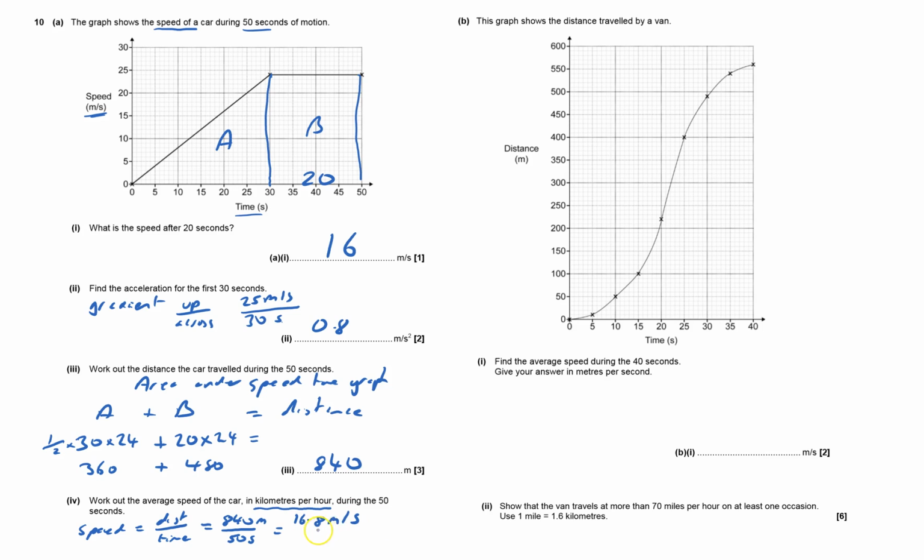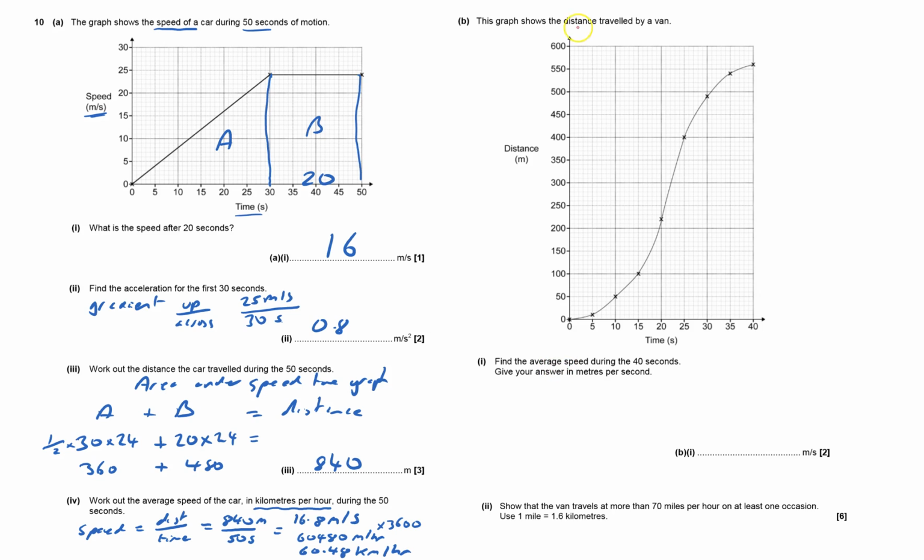And I want it in kilometers per hour. So if I times this by 3,600, that will tell me how many meters there are per hour. So that gives me 60,480 meters per hour, and therefore I can divide by 1,000, which will give me 60.48 kilometers per hour. You have to decide whether you're multiplying or dividing to get that.